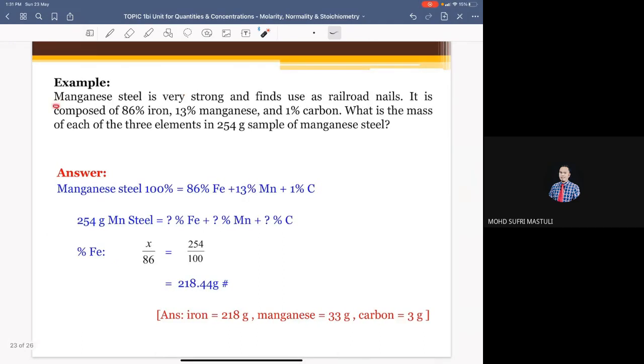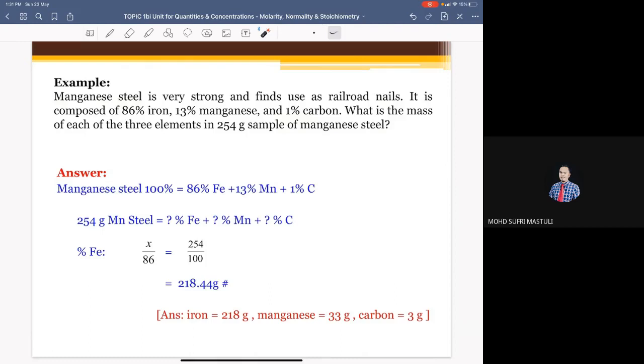So in this case, manganese steel is very strong and normally used for railroad nails. The composition is iron, manganese, and also carbon with different mass percentages. The total is 100%. So what is the mass of each of the three elements in 254 gram of sample of manganese steel?